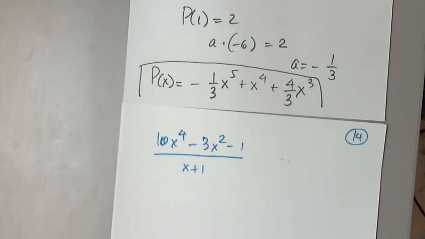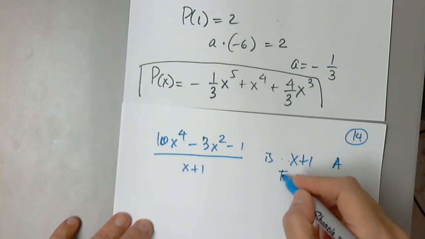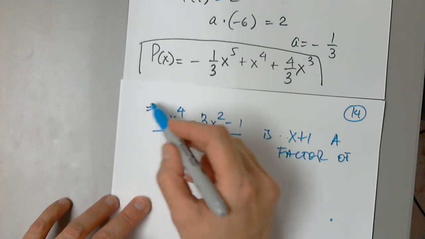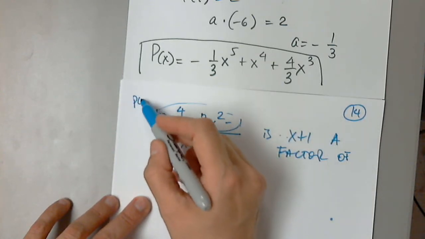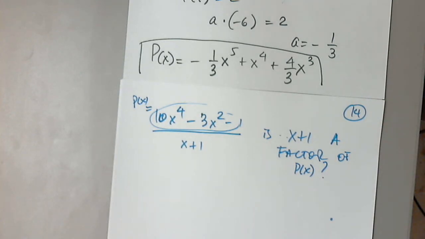We will be asked to use long division to find the quotient maybe. But what I'm interested in is, given this, is x plus 1 a factor of, I'm going to call this one P of x. Is x plus 1 a factor of the numerator?